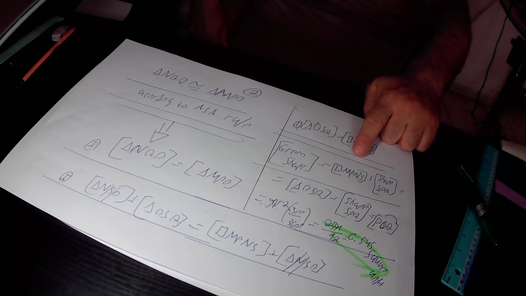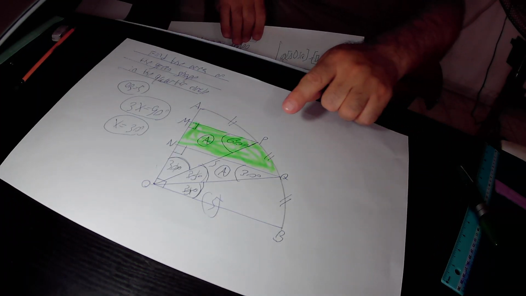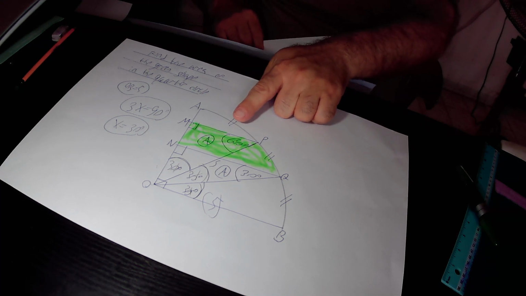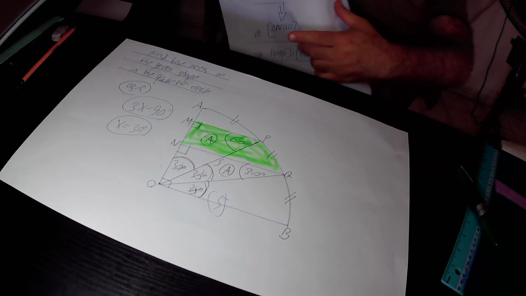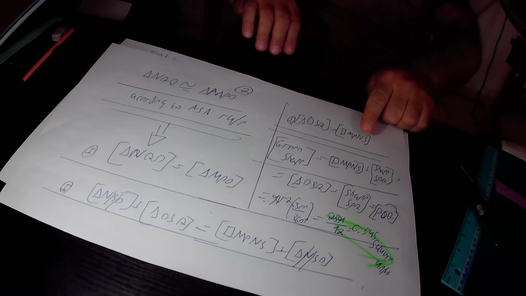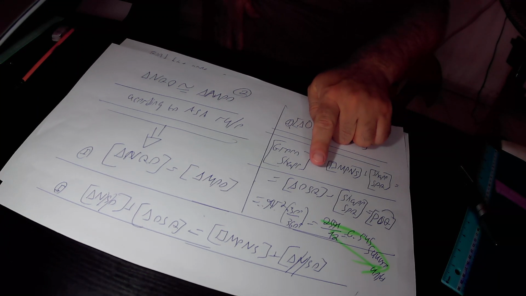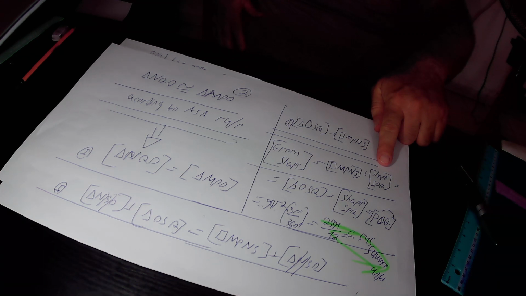But we already found out that the area of quadrilateral MPNS equals the area of triangle SOQ. Therefore, we can substitute the area of quadrilateral MPSN by the area of this triangle OSQ, plus the area of the green shape SPQ.